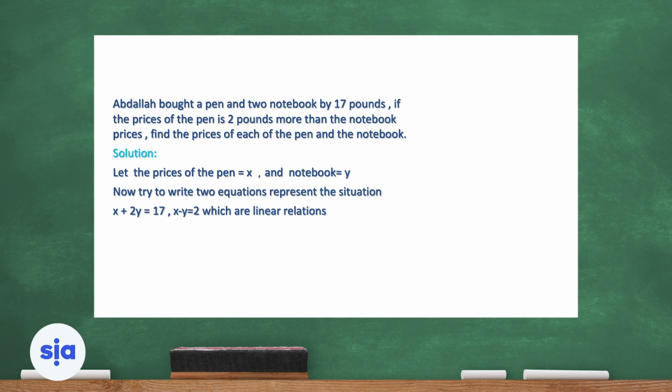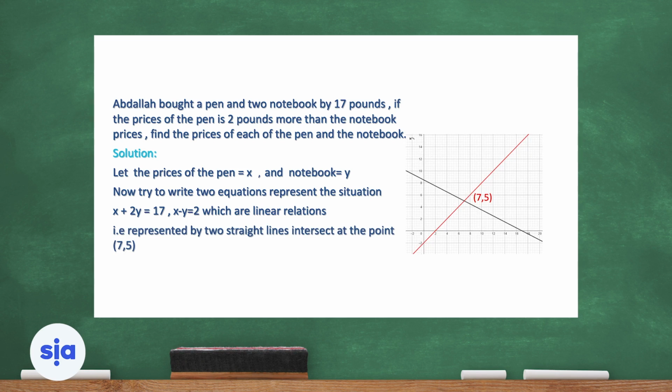And for the second equation, the price of the pen is £2 more than the notebook. So, the difference between them is £2. So, X minus Y equals 2. Let's now graph the two lines. By the table of values, you will see that the meeting point between these two lines is (7, 5).